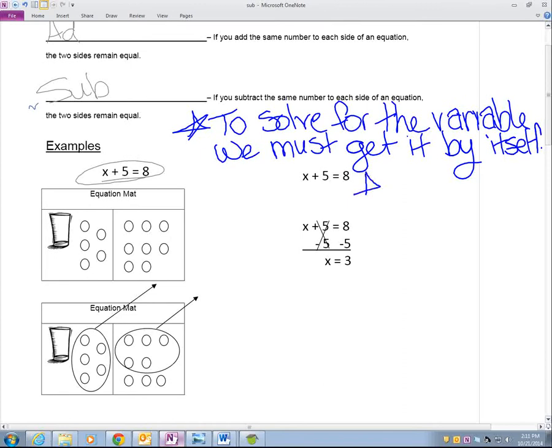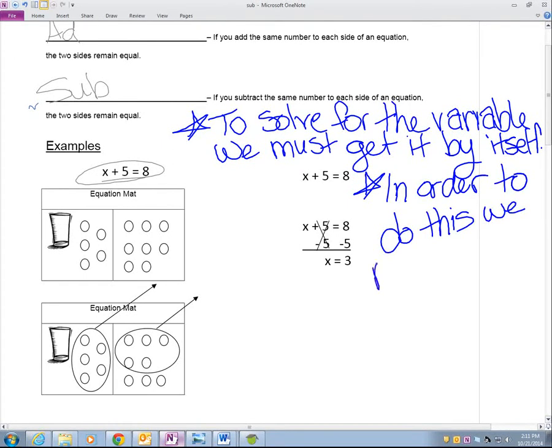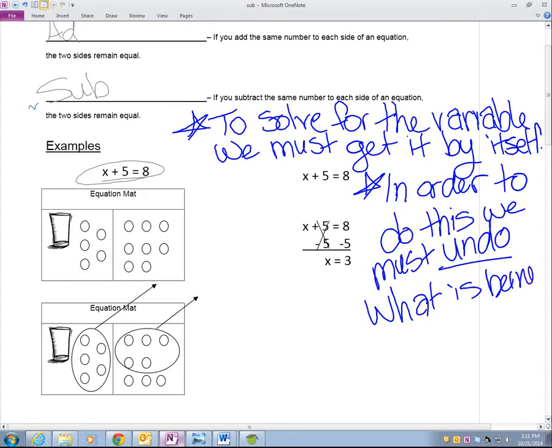Now, in order to do this, we must undo what is being done to the variable.